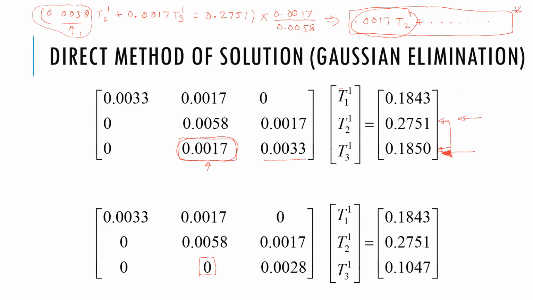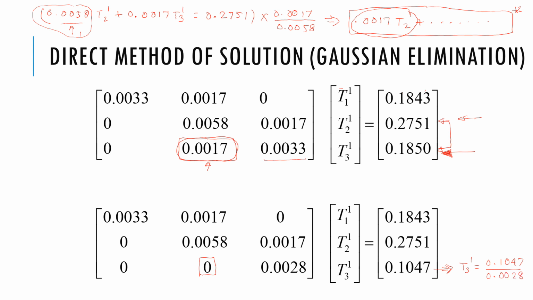So now we basically have solved it, because now from this last equation I can find T31 is equal to 0.147 divided by 0.0028. So I know T3.